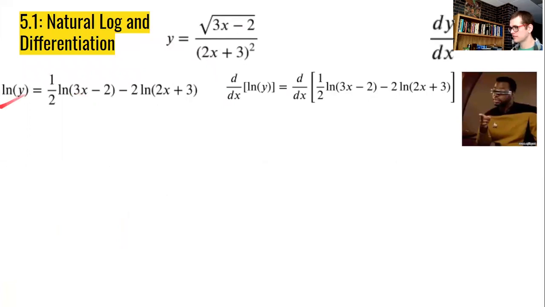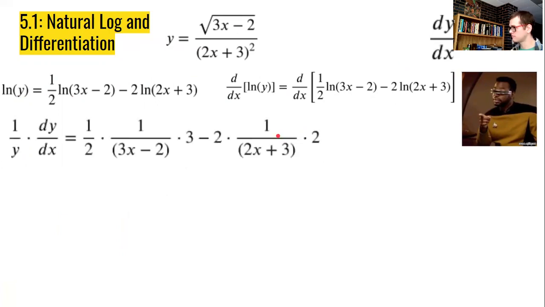So here's that expression. Now we're taking the derivative of it. The derivative of natural log, again, is 1 over what's inside. Here's the part to be careful of. It's 1 over y times dy dx. Because again, we're taking the derivative with respect to x, but there's a y in there. So we have to remember a little bit of implicit differentiation. And then we're going to take the derivative of this whole thing, which, as you saw in previous examples, we can take the derivative of each term separately.